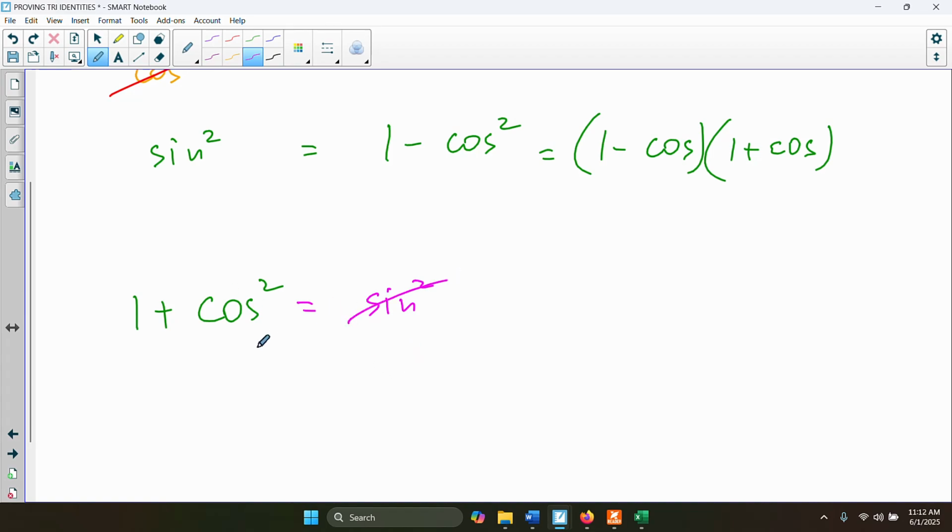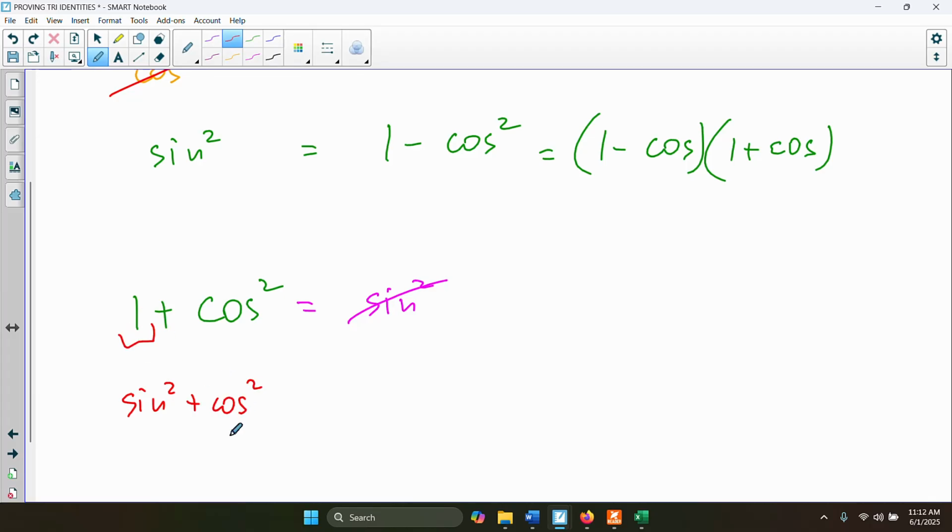But what can I do here? If I'm forced to do something, and very often that is the case, when you're stuck, I could do this. One is really a fancy way of writing sine squared plus cosine squared.